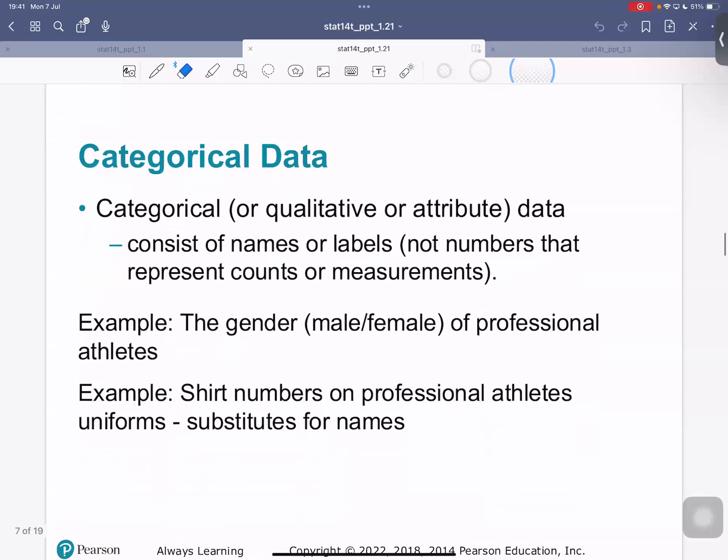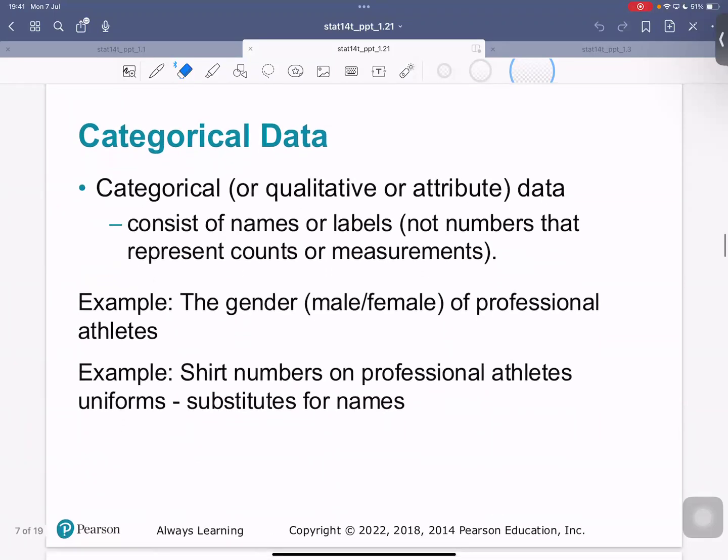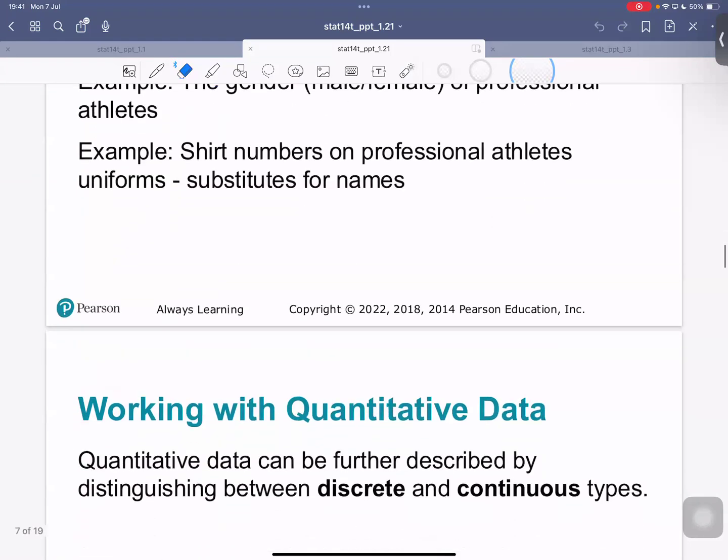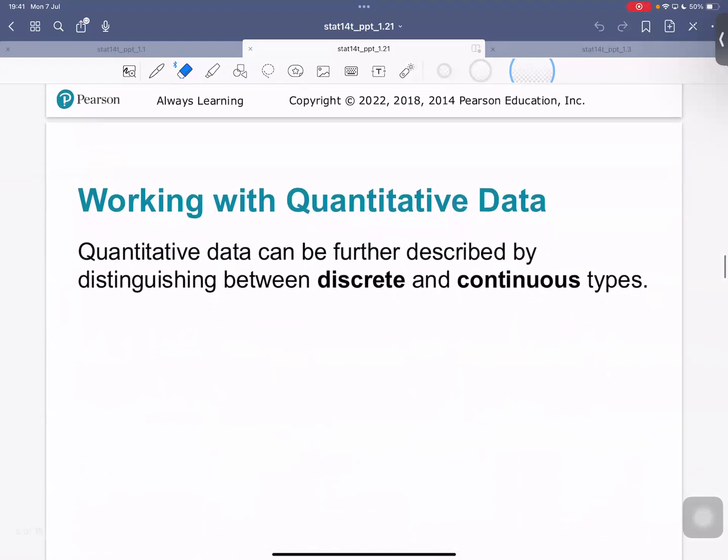In this case, qualitative, we have names or labels, like the genders, male or female, of professional athletes. Another example is shirt numbers on professional athletes' uniforms, which substitute for names. That's easy, right? Very easy for those four terminologies.